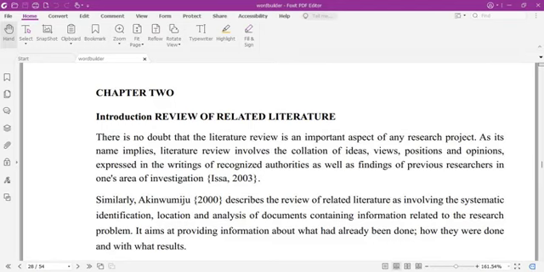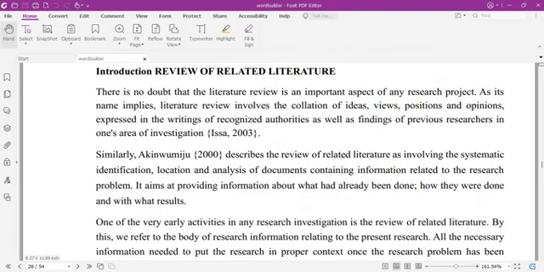Similarly, Akinwumiju 2000 describes the review of related literature as involving the systematic identification, location, and analysis of documents containing information related to the research problem. So you get different documents, different papers that will give you information about the problem you're working on.